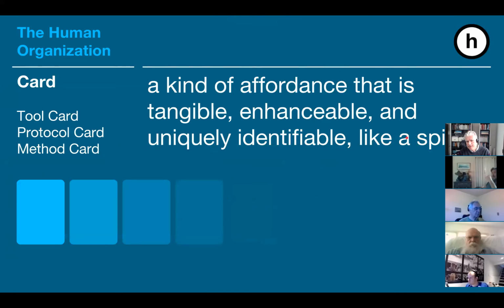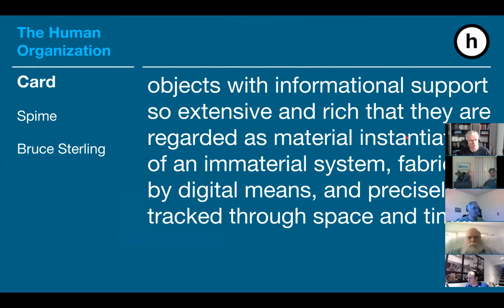Also, it's like a spime. That's something John brought up recently. A spime is a term coined by Bruce Sterling, and he defines it as objects with informational support so extensive and rich that they are regarded as material instantiations of an immaterial system, fabricated by digital means and precisely tracked through space and time.